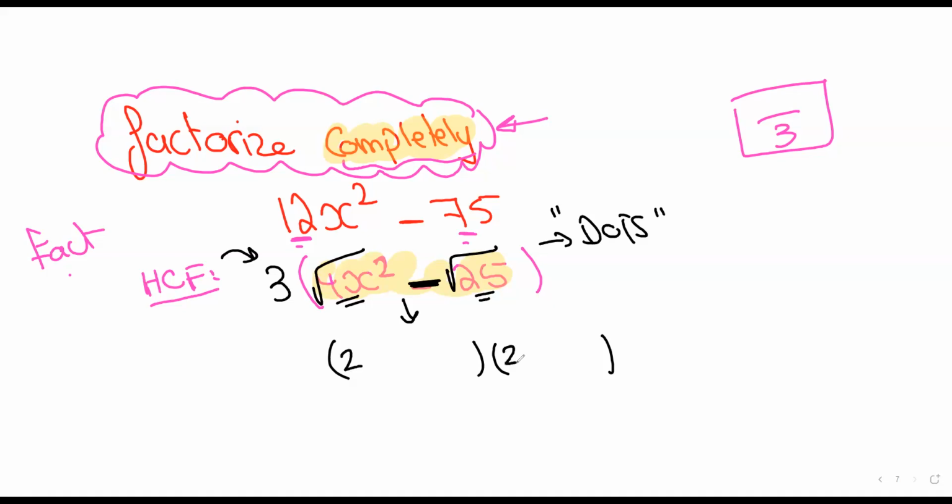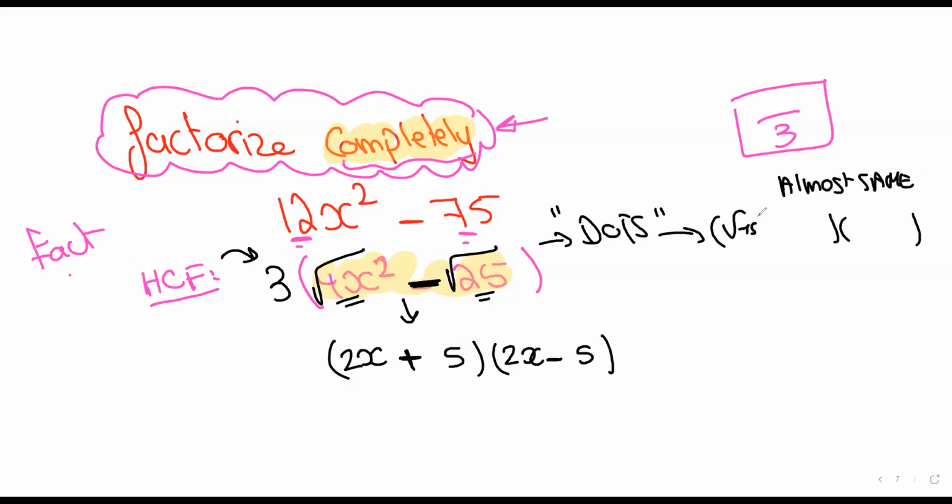Square root of 4, 2 and 2. X power 2, x and x. Root 25, 5 and 5. And as we said, when you factorize DOTS, the factorization is two brackets that are almost the same. You square root the first, here and here. You square root the second, here and here. One plus, one minus.